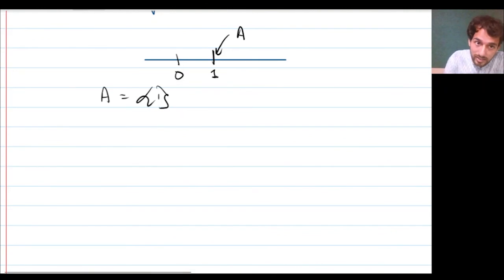In this case, you will find that 1 satisfies the condition that 1 is less than or equal to x, because here I am considering my x as 1, so 1 is a lower bound.